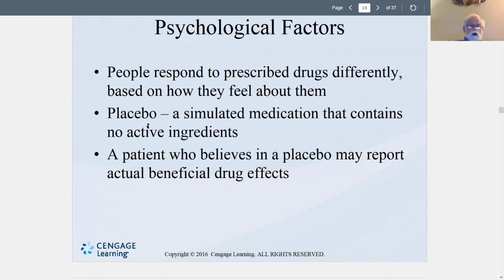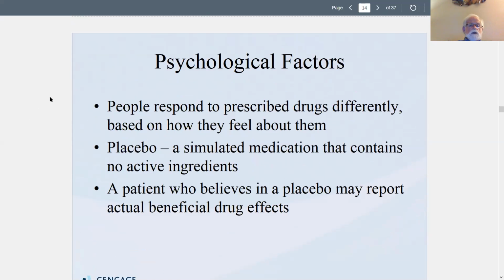There are many studies on the concept of psychological factors that will affect the way drugs work in the body. There's the placebo effect, in which a patient will tell you that they're having an effect of a drug when they're not receiving the drug itself.